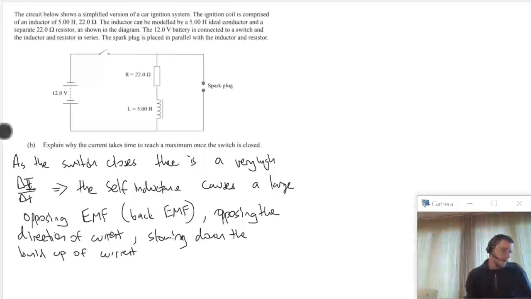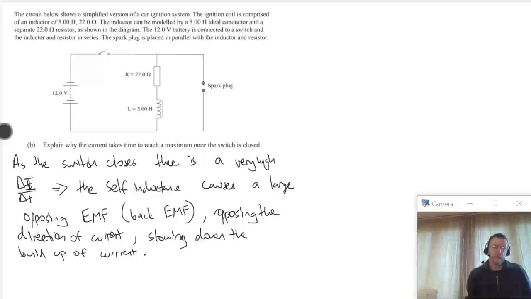All right. And that's all you actually need for this. You could also probably calculate the time constant. You could talk about the current initially being 0 and building up as the voltage across the resistor builds up, that being the voltage left over.